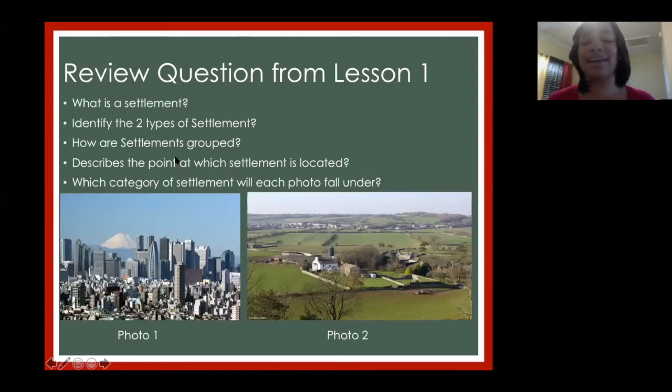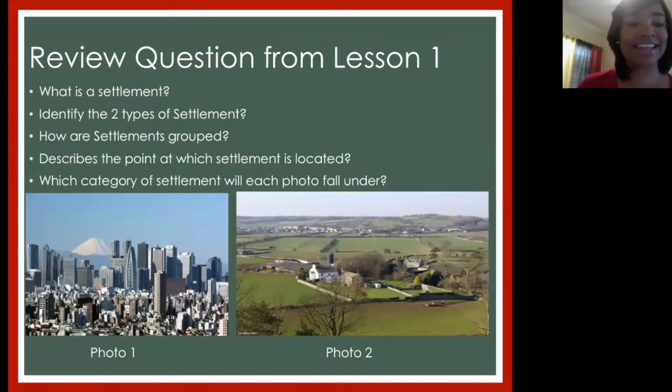What is the name that describes the point at which a settlement is located? What describes where a settlement is located? Excellent, Anthony. Anthony, you're on a roll today. Good job. Yes. So where a settlement is located, that is what we call our site. Okay, good job.